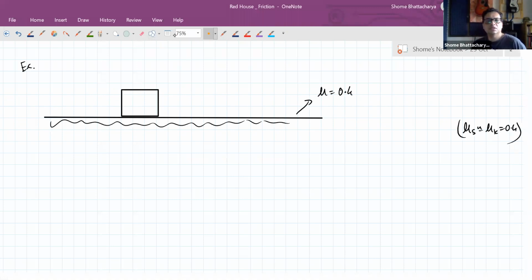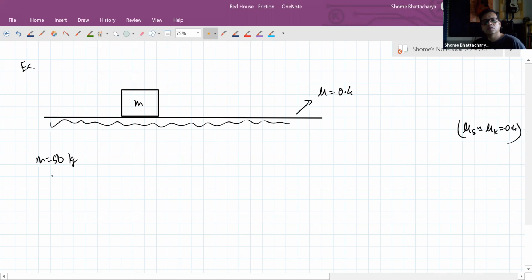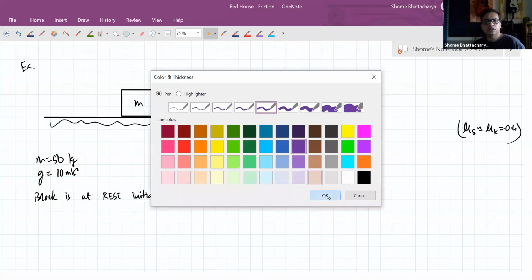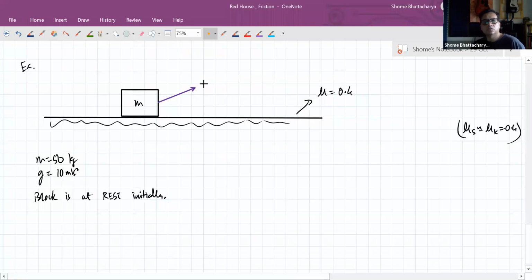Now the block is at rest initially. So m equal to 50 kg, g equal to 10 meters per second square. Now what we're going to do here is apply an external force, but we are not going to apply it horizontally. We're going to apply a force like this at an angle of theta to the horizontal.